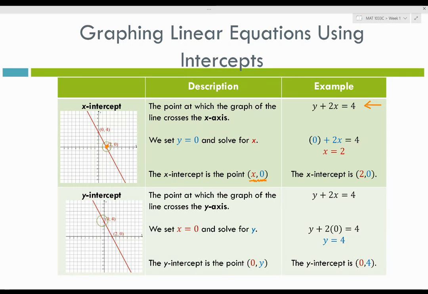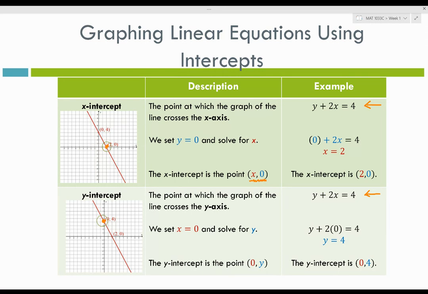Now, you're going to do the opposite if you're asked to find a y-intercept. Once again, if you've been given a picture, your y-intercept occurs when your graph crosses the y-axis. But if you've been given an equation, you're going to set x equal to 0 and solve for y. So everywhere that I see an x, I plug 0 in for x and then solve for y.